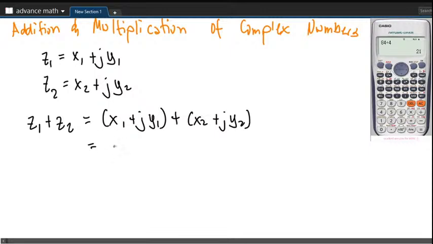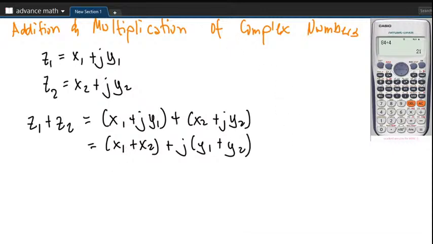So we could write that one as x sub 1 plus x sub 2 plus, then we factor out the j, y sub 1 plus y sub 2. So this is for addition, no? Addition.